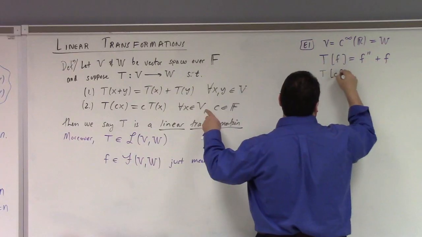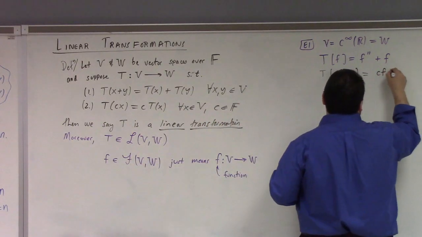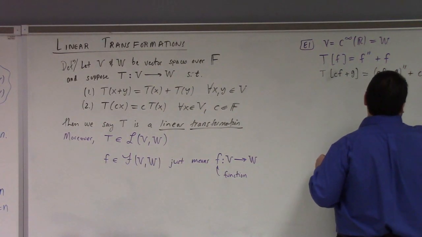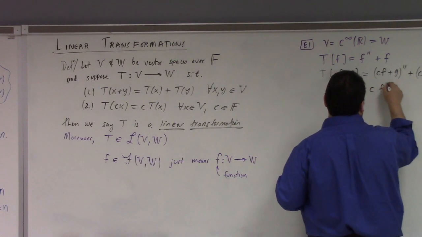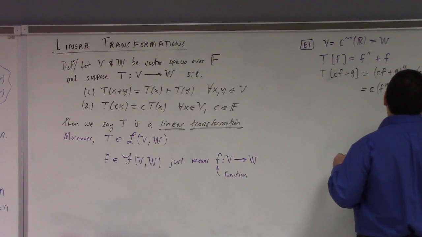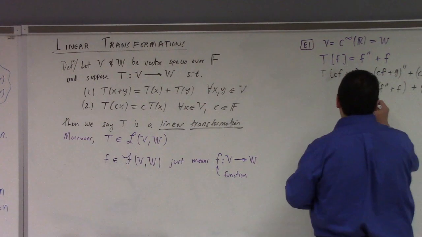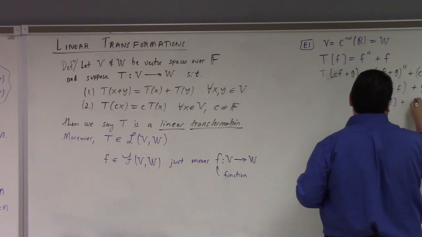We have (cF plus G) prime prime plus cF plus G by the definition of T, which if we repackage that, we've got c(F prime prime plus F) plus G prime prime plus G using properties of the second derivative. And lo and behold, that gives us c T of F plus T of G.